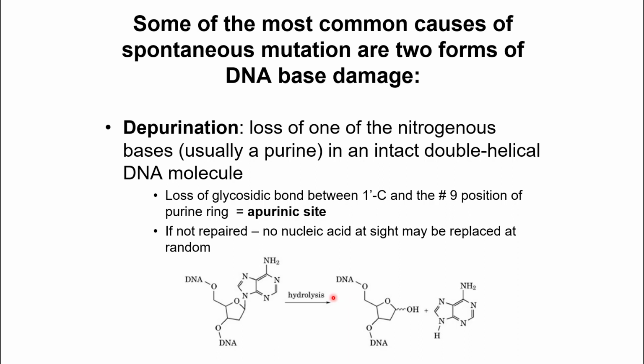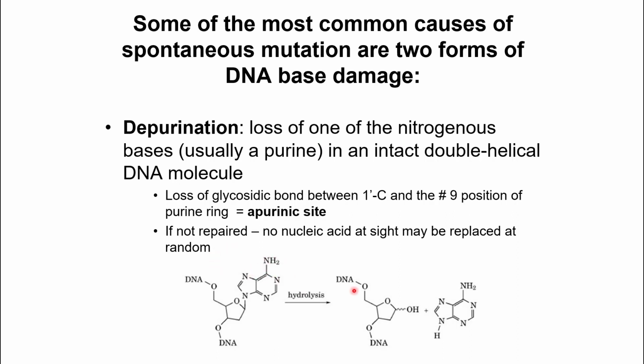Some of the most common causes of spontaneous mutations are from DNA base damage, where we damage the base itself. First of that is called depurination. In depurination, we lose one of the nitrogenous bases. It's usually a purine that's lost.